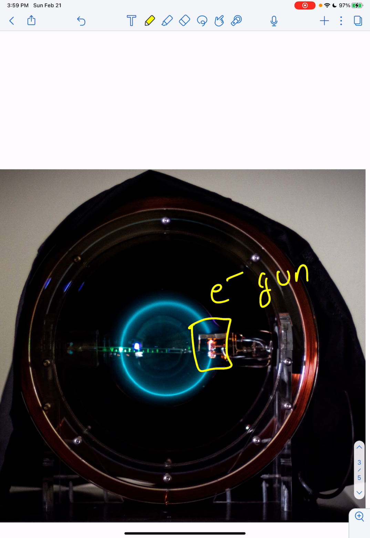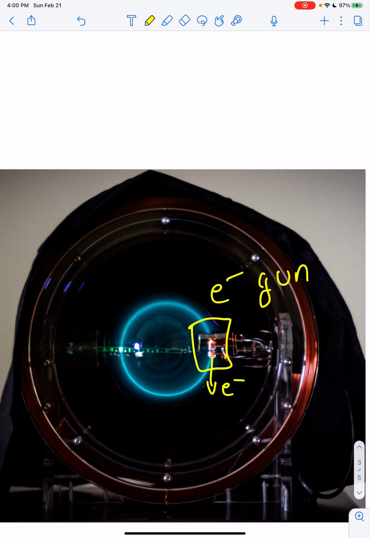And it works through very similar principles to what we discussed when looking at the acceleration of charged particles in an electric field. So we can create an electron beam here, and then they're going to shoot out the bottom.